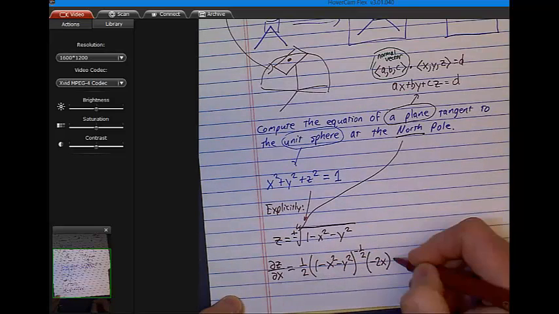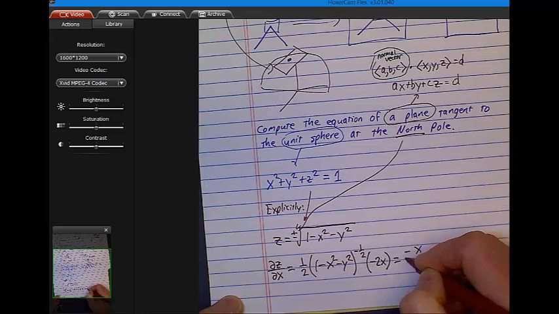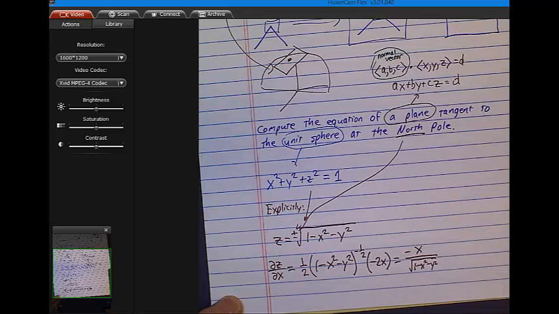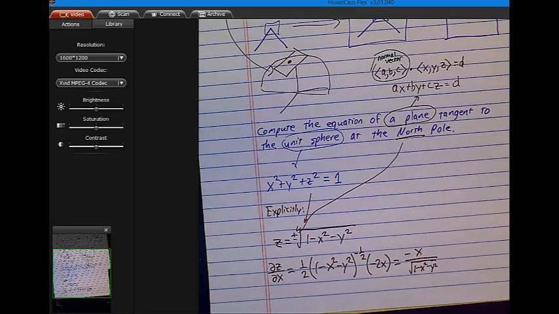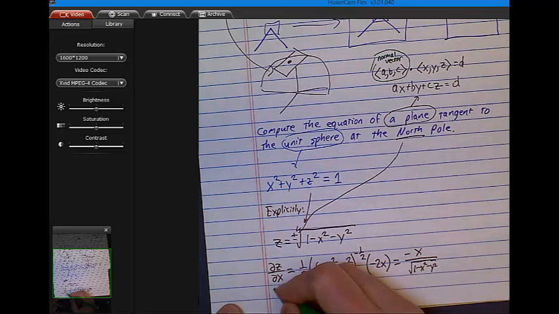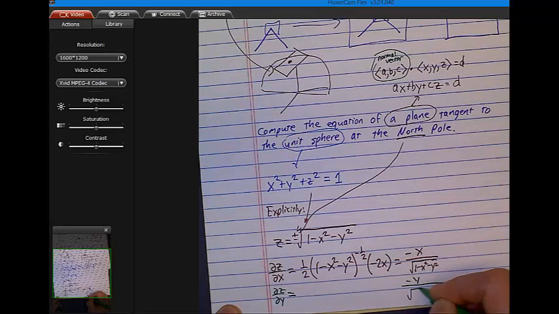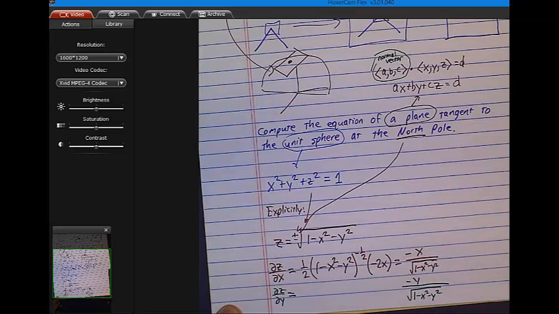I guess it's negative x over the square root of 1 minus x squared minus y squared. Is that too fast, or is that okay? You follow that? dz/dy, I'm going to claim, would be negative y over the same exact stuff, because there's a lot of symmetry here, and so not much is going to be different.